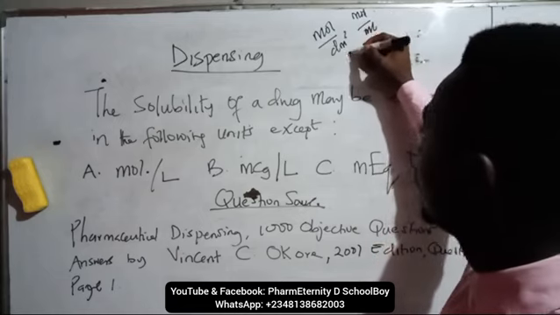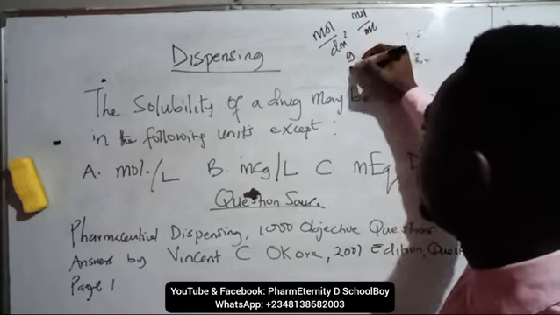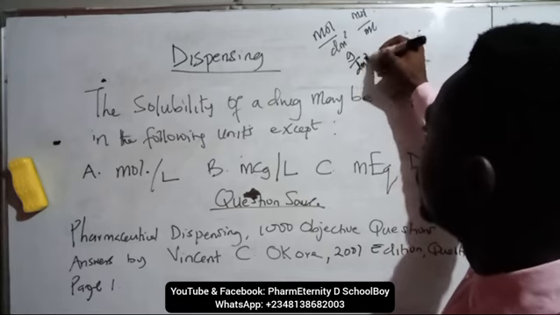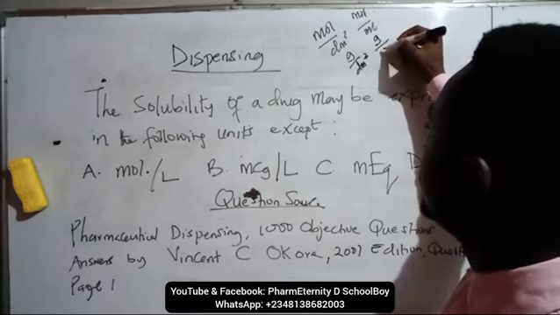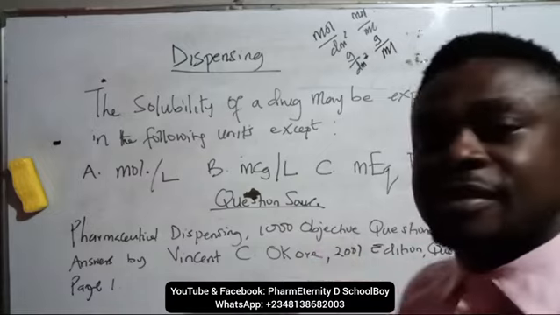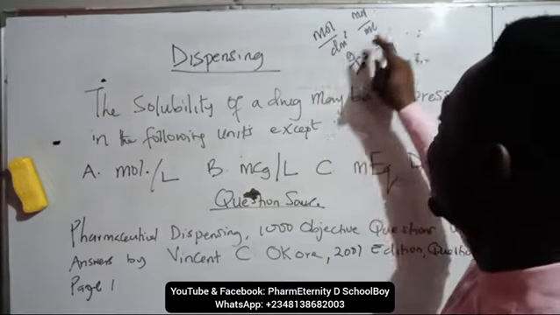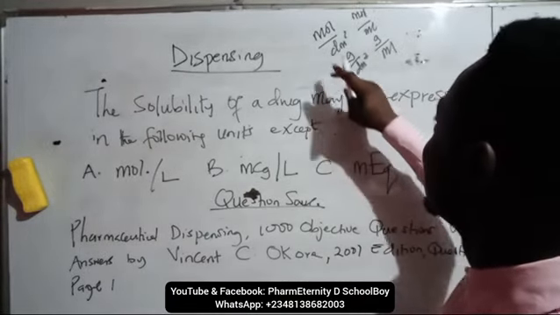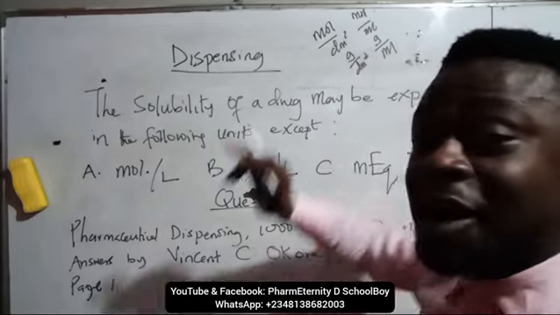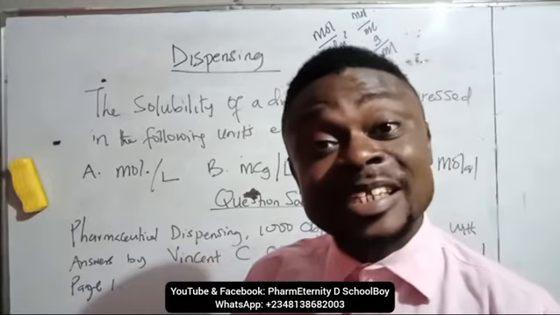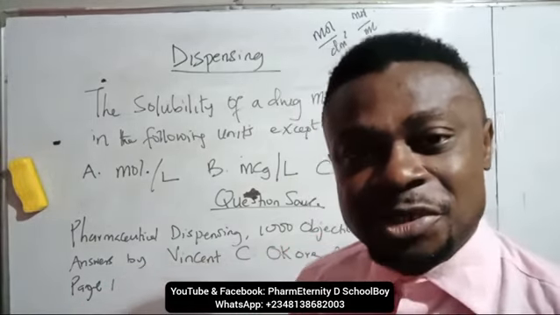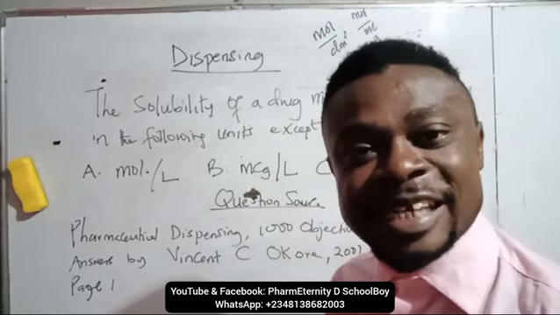It can also be gram per dm cube or gram per ml. In all of these, they are all concentration terms.